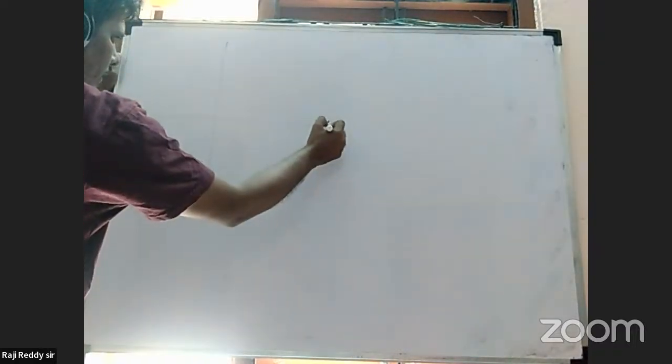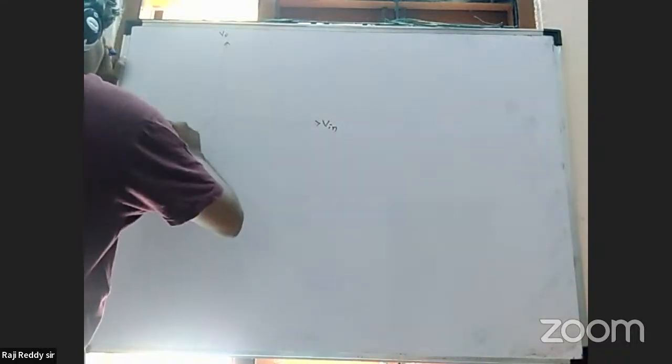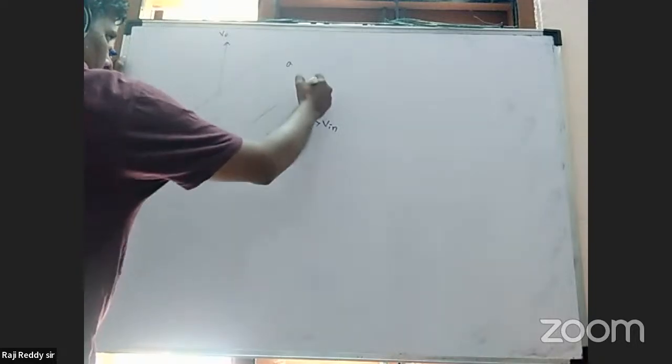We'll now take a graph between input voltage and output voltage. First we'll take the graph. One line is passing through the origin from negative to positive axis. You can see this is A, this is B, this is C curve.